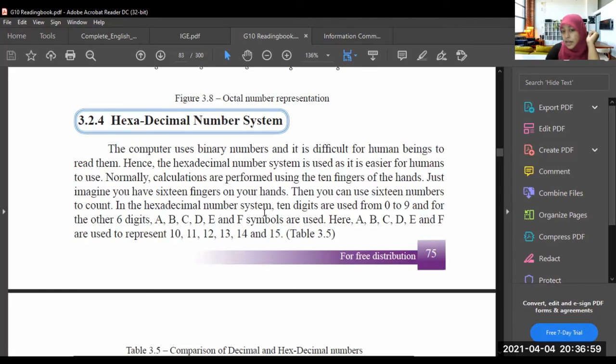In the hexadecimal number system, 10 digits are used from 0 to 9, and for the other 6 digits, A, B, C, D, E and F symbols are used. Here, A, B, C, D, E and F are used to represent 10, 11, 12, 13, 14 and 15. Got it, guys?